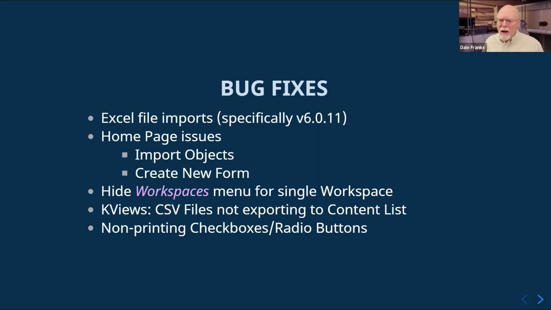And so this came from a tech support ticket that I jumped through hoops through. I recreated a knowledge view and I ran it, and it exported the CSV file to the folder I wanted, and I was very confused as to why mine worked and the customer's did not. And it turned out that there's this specific chain of events that would break it. So if you didn't call a sub process, you could export the CSV file, everything worked fine, and it appeared in the content list in the appropriate folder.